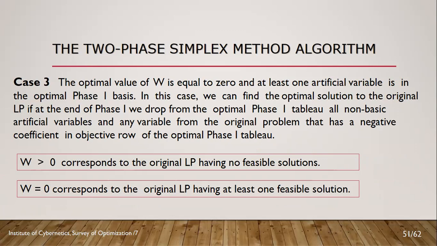So in short, if W is greater than 0, the original LP has no feasible solutions, and when it is equal to 0, the original LP has at least one feasible solution.